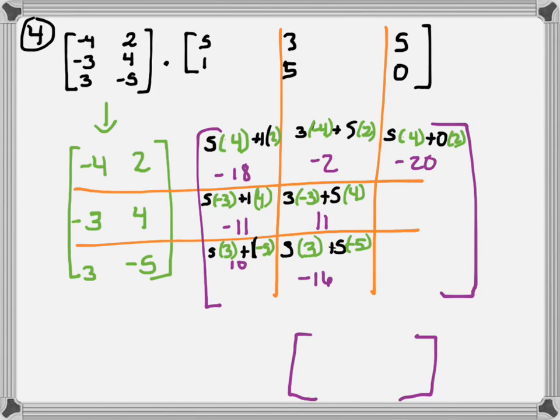On the next one, we have 5 times a negative 3 plus 0 times 4, giving us negative 15. And then the last one, 5 times 3 plus 0 times negative 5, giving us a positive 15.